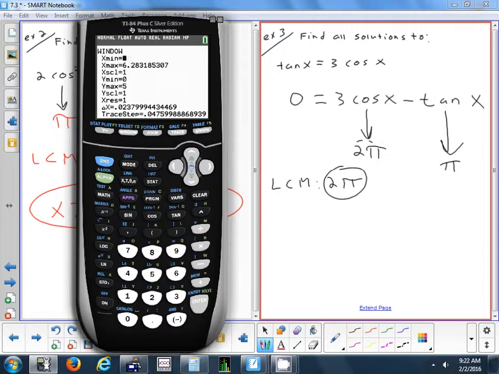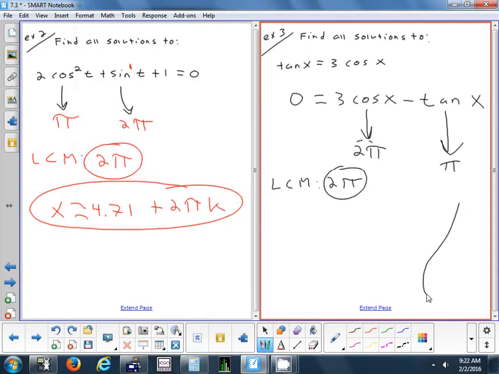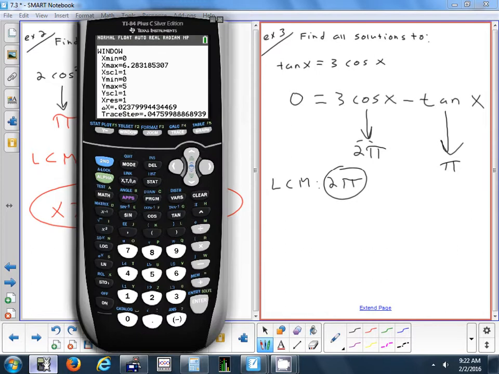We're tripling it, so it's between -3 and 3. But what about tangent? Does that have an upper limit? No, that's the graph that looks like this. So this graph is going to have asymptotes. All right, so what I would do is maybe just set my y min and max like -10 to 10. Okay, it's going to go up and down forever. Let's try -10 to 10.